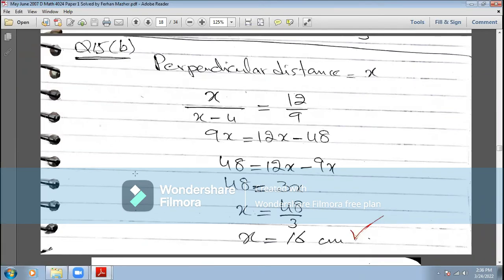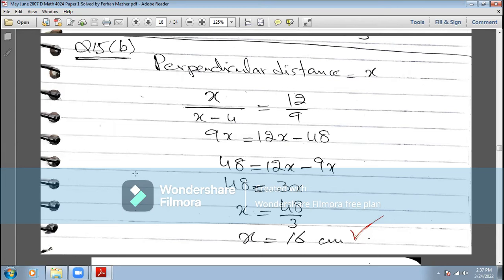So the big triangle is in the numerator, the small triangle is in the denominator. The perpendicular height of the big triangle is X, and the perpendicular height of the small triangle will be X minus 4. The base of the big triangle is 12, and the base of the small triangle is 9, because they are similar to each other. So X divided by X minus 4 equals 12 by 9. Cross multiply, you will have 9X equals 12X minus 48.